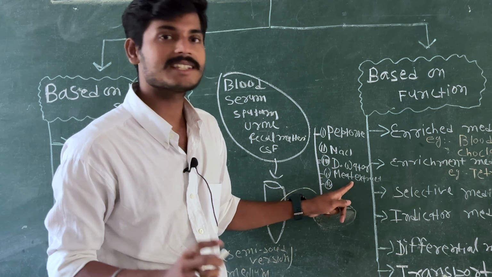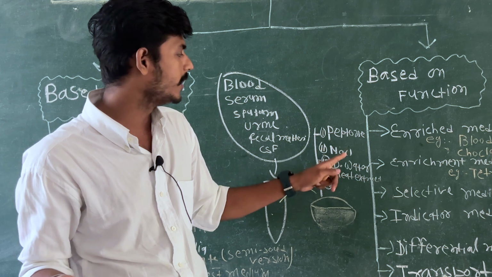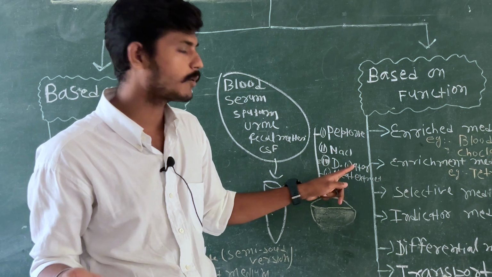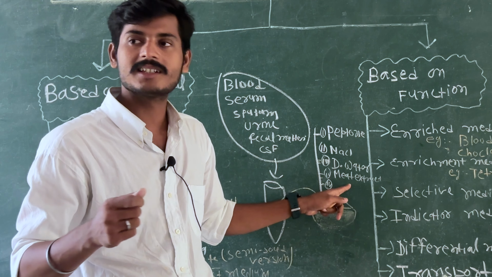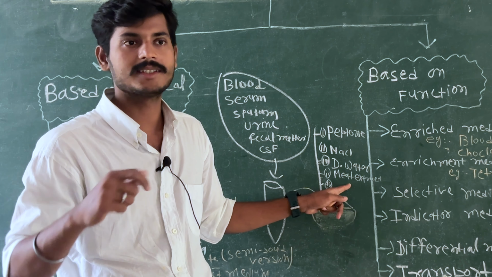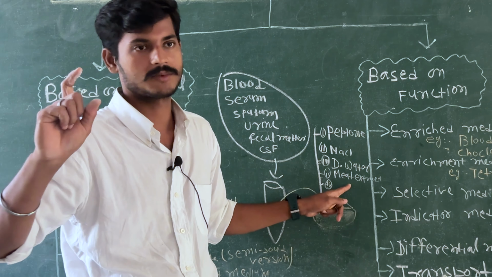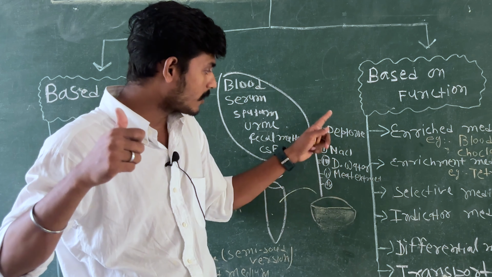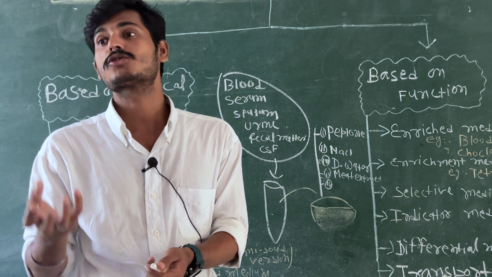These all things are liquid in nature, isn't it? Your peptone water is liquid, NaCl is liquid, distilled water is of course a liquid. Meat extract we are giving is in powder form, but generally it also comes under liquid forms. These all are liquid in nature, but then we have to solidify it.